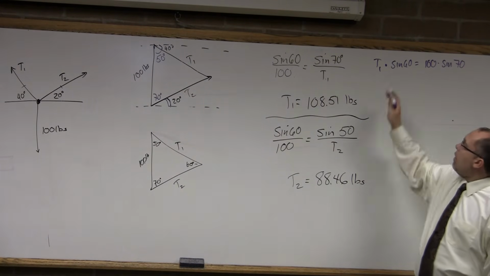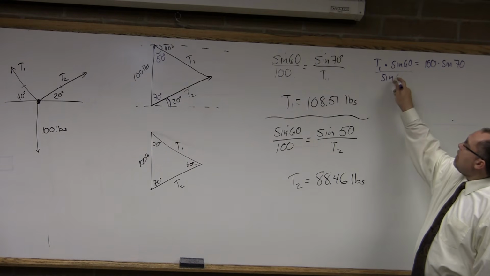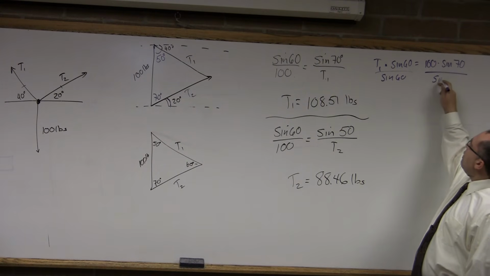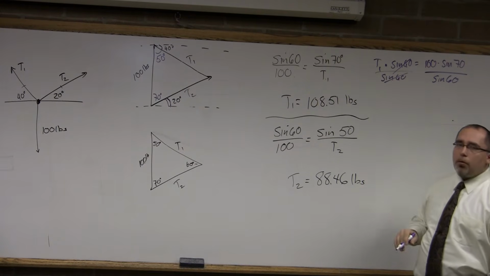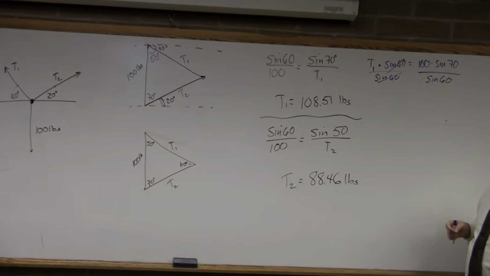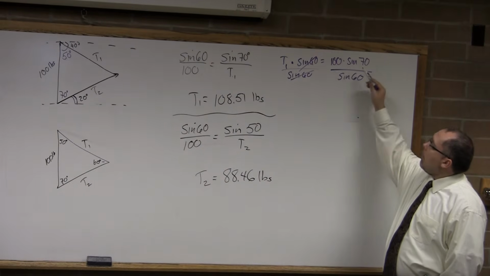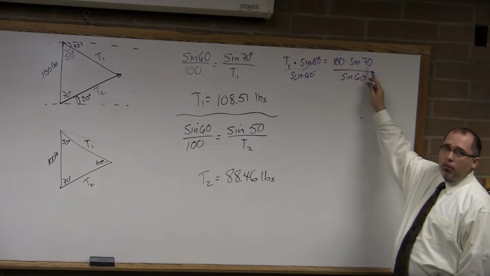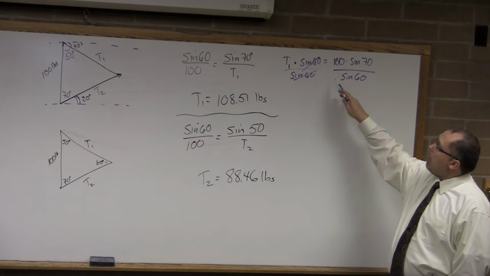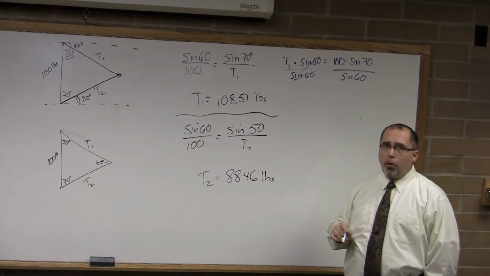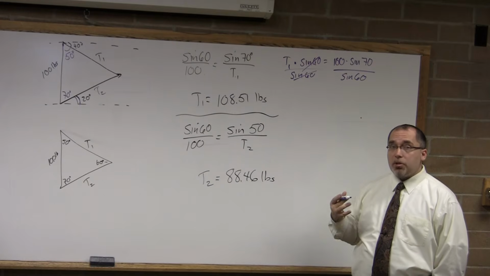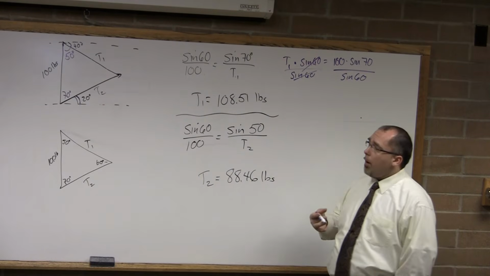To get T1 by itself, you have to divide both sides by the sine of 60. Those cancel out, and T1 would simply be equal to 108.51 pounds. So basically it's 100 times the sine of 70. Don't forget to close the parentheses after the 70, divided by the sine of 60. That gives you 108.51. So that's how much tension is in cord 1.